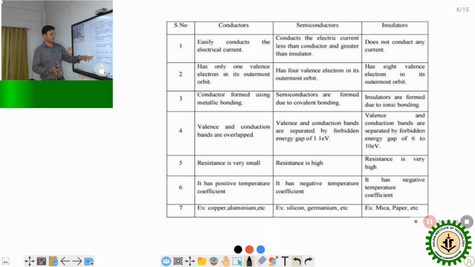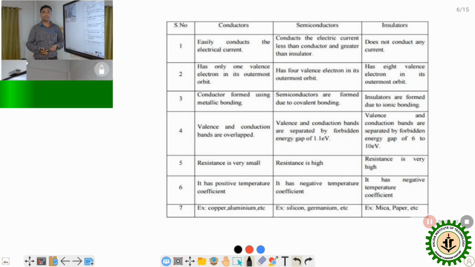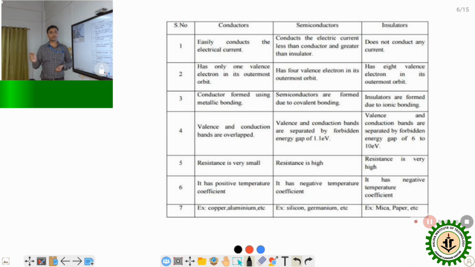A metal is known as a positive temperature coefficient conductor basically. If we plot temperature along the x-axis and conductivity along the y-axis, for the conductor, if the temperature increases, the conductivity of the metal decreases. Whereas for a semiconductor, the conductivity increases exponentially.